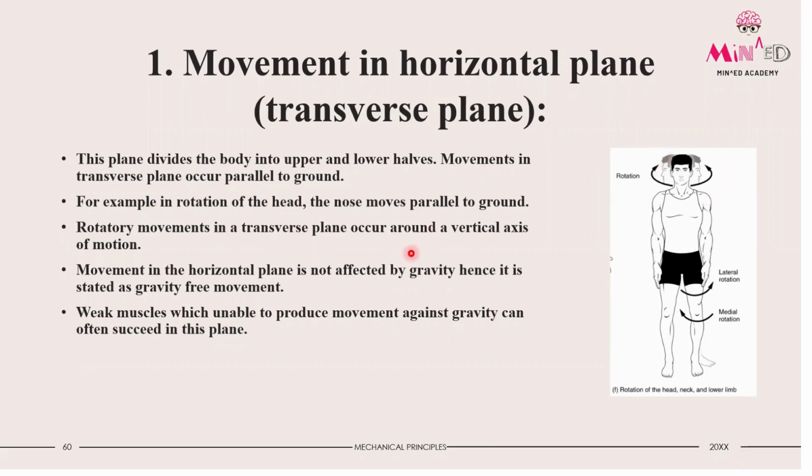The rotatory movement in the transverse plane occurs around the vertical axis of motion. Movement in the horizontal plane is not affected by gravity, hence it is called gravity-free movement. So weak muscles which are unable to produce movement against gravity can often succeed in this plane. When we see any patient whose muscle strength is not that good, we can use this plane for the movements.